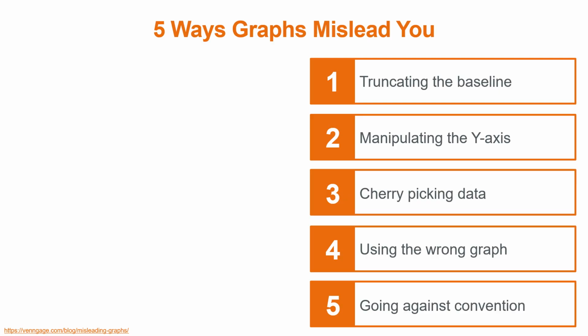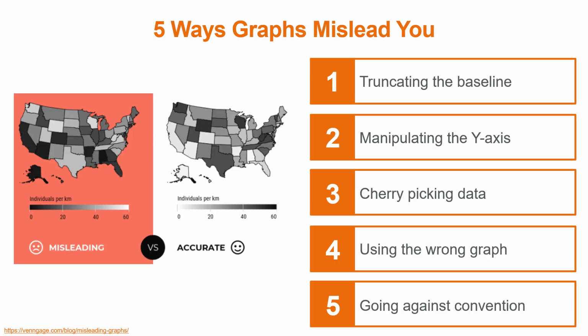And lastly is going against convention. Over time, we have developed standards for how data are visualized. Flipping those conventions can make a graph confusing or misleading to readers. For example, normally darker shades are associated with density on a map. But here, dark has been used to depict lower population density.